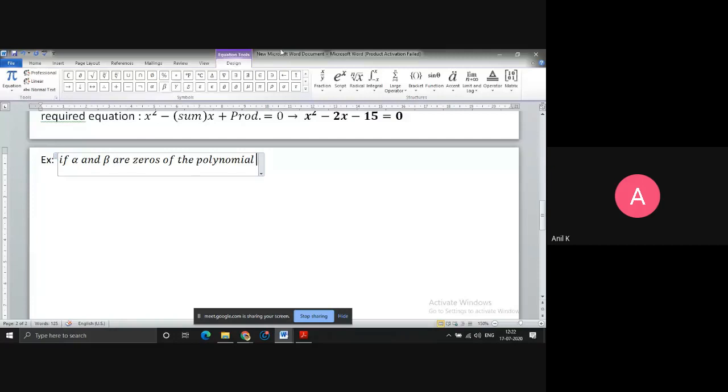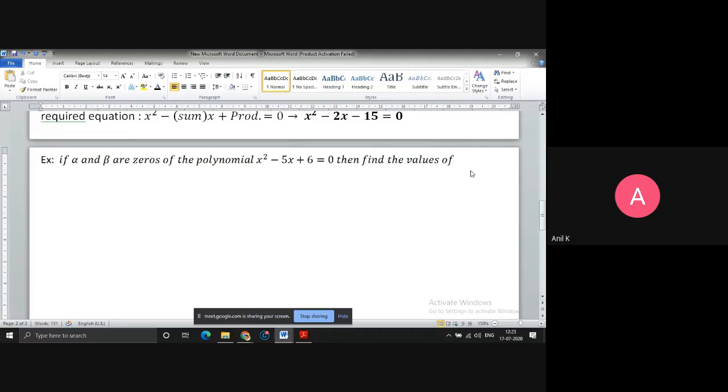Let me take polynomial as maybe give me some polynomial x square, maybe let me take 5x plus 6 equals to 0. Okay. These are the zeros of the polynomial. Then find the values of, just I'm giving one general example to you.